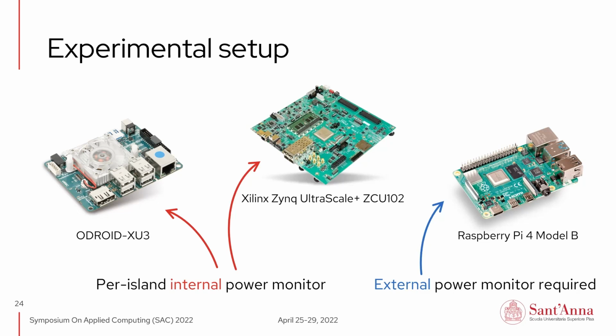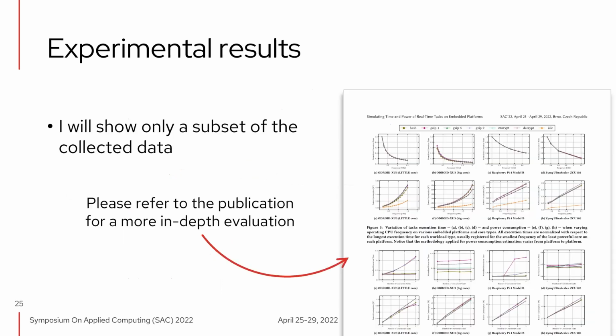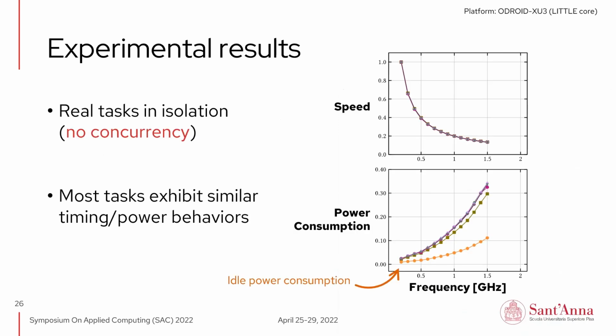For that platform, an external power monitor connected to its power supply has been used to collect the power consumption information during runtime. As already mentioned, the profiler application covers every possible combination of working conditions for each application workload for each platform. For this reason, we'll discuss here only a small representative subset of the collected data, inviting you to check out our publication for a more comprehensive evaluation.